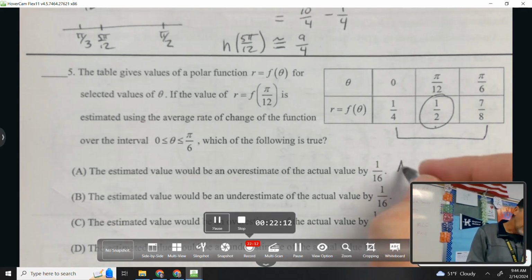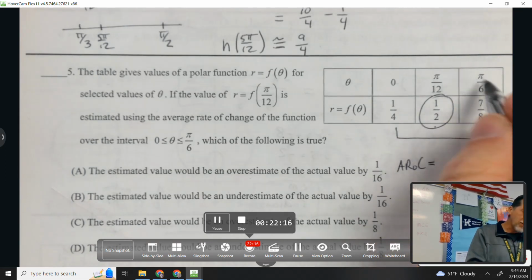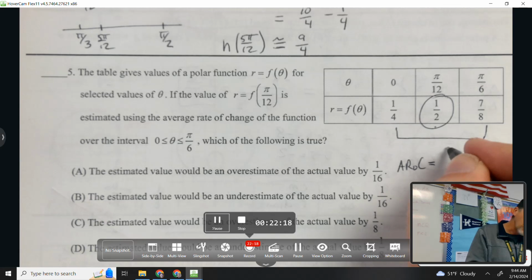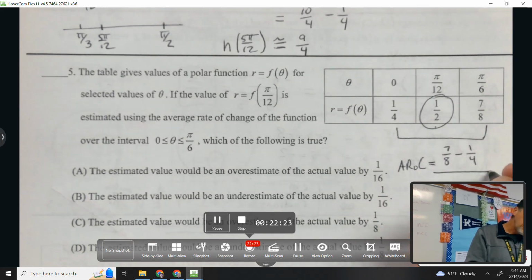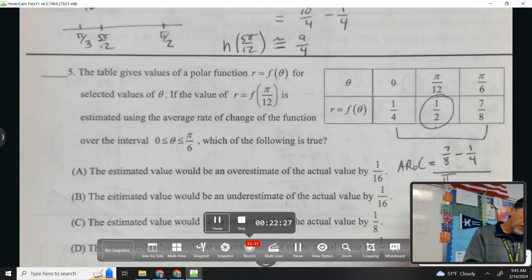So average rate of change, that's just the slope. This one's kind of nice because all the values are right there. So 7/8 minus 1/4, change in y, over change in x, pi over 6 minus 0.